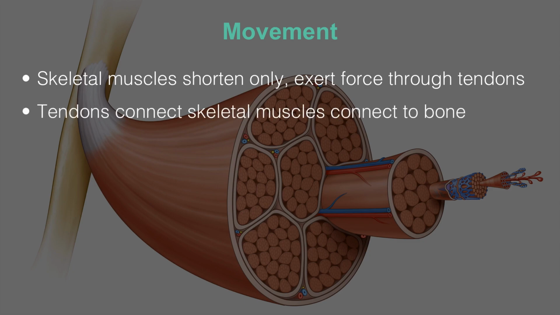Tendons connect to bone. So muscles exert force on bone through tendons. Tendon you can see on the back here, the white part connected to the bone in the background. Muscle is this big thing that you probably have already had some, at least cursory experience with, but that we're going to explore in depth later.